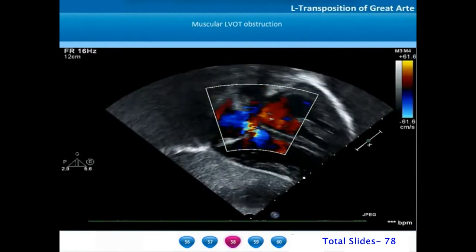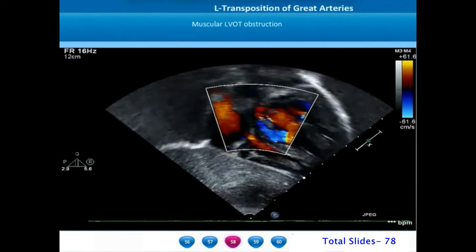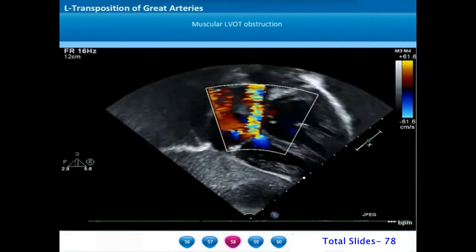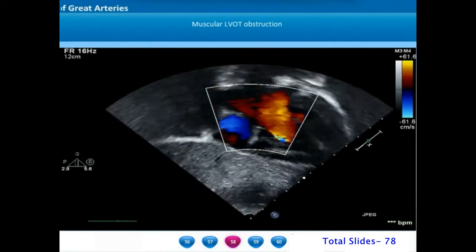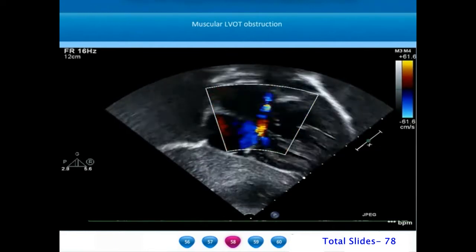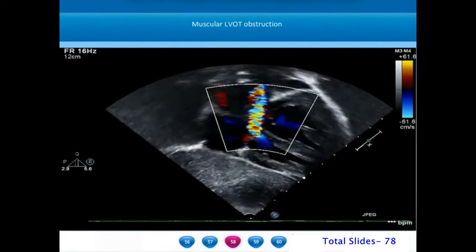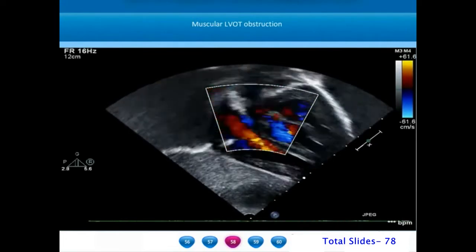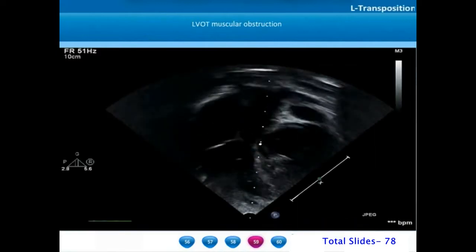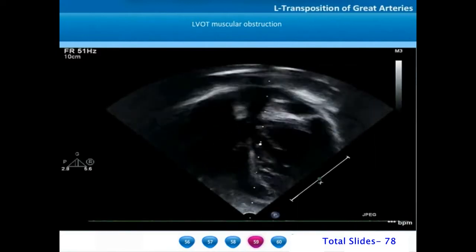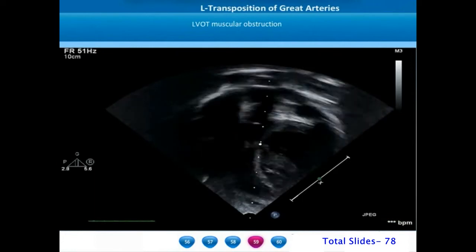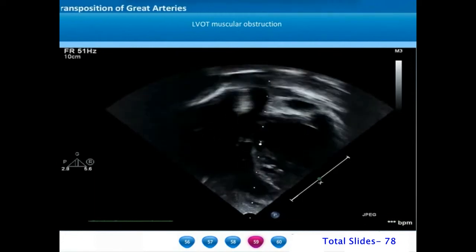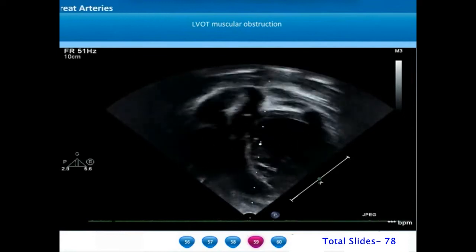Another example of left ventricular outflow tract obstruction in the setting of corrected transposition of great arteries is caused by a marked muscular hypertrophy from the septal wall in the region of the left ventricular outflow tract. We can notice a discrete muscular bundle arising from the interventricular septum in the subvalvular pulmonary outflow tract.